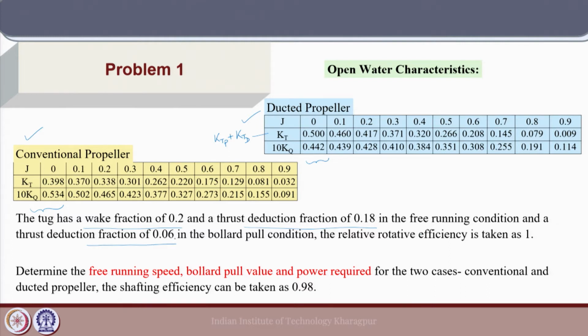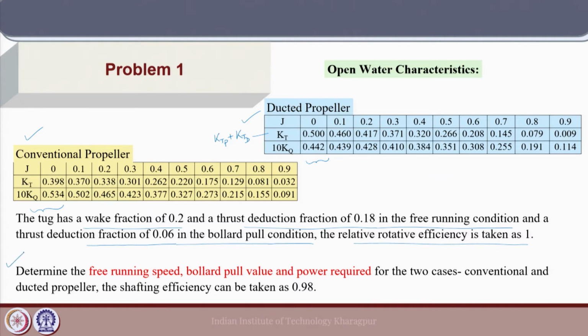Another thrust reduction fraction for the bollard pull condition is given here, which is lower than the thrust reduction in the free running condition, the first one. So, we have to do the calculations for two operation conditions. One is the free running condition and another is the bollard pull condition, and the relative rotative efficiency is given as 1.